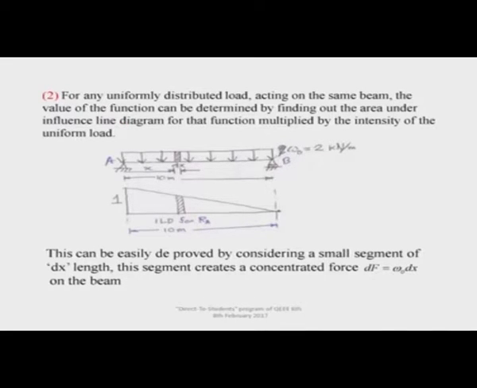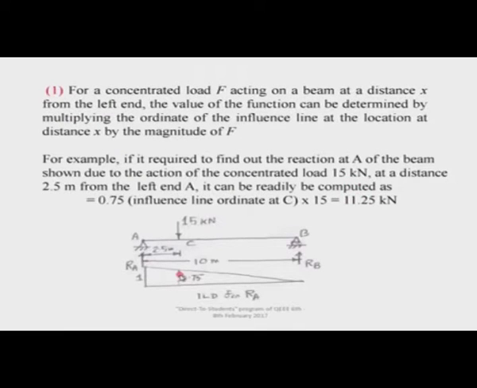For the concentrated load, it is the ordinate of the influence line diagram multiplied by the load itself to determine the net effect. So, it is 15 multiplied by 0.75, which is the ordinate here, it will be 11.25, that is the reaction here when the 15 kilonewton load is here.